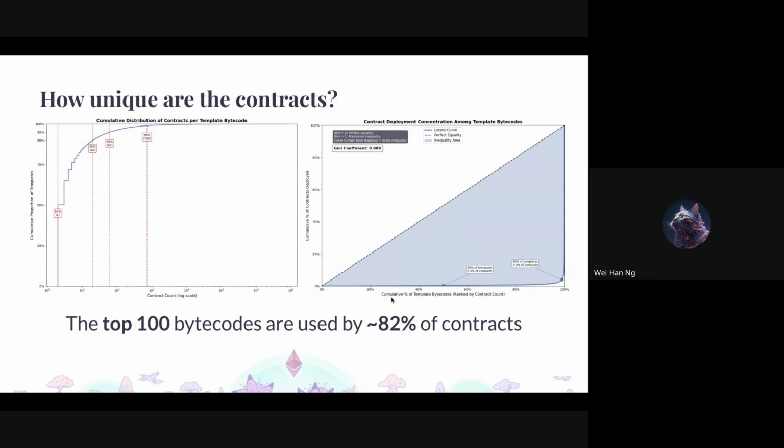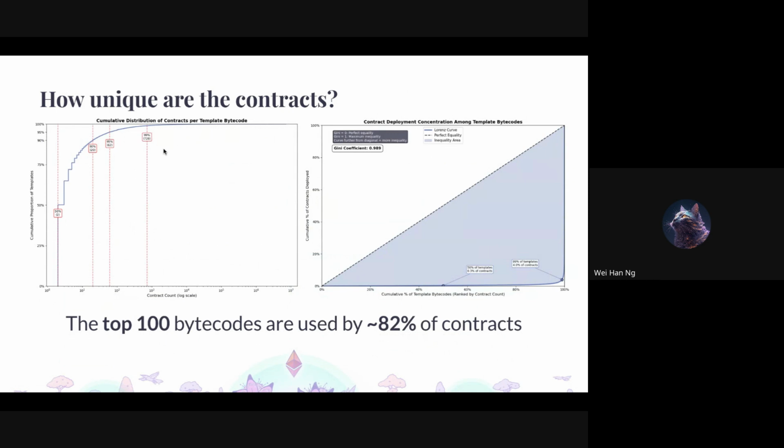When we look at the concentration and the distribution, on the left side you have the cumulative distribution graph. To simplify it, 50% of the bytecodes are used by two contracts at most, and 99% are used by 728 contracts at most.